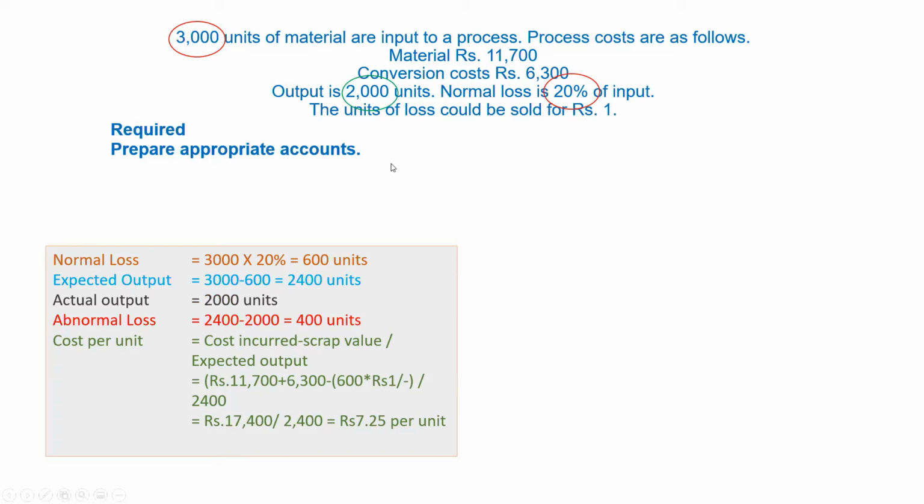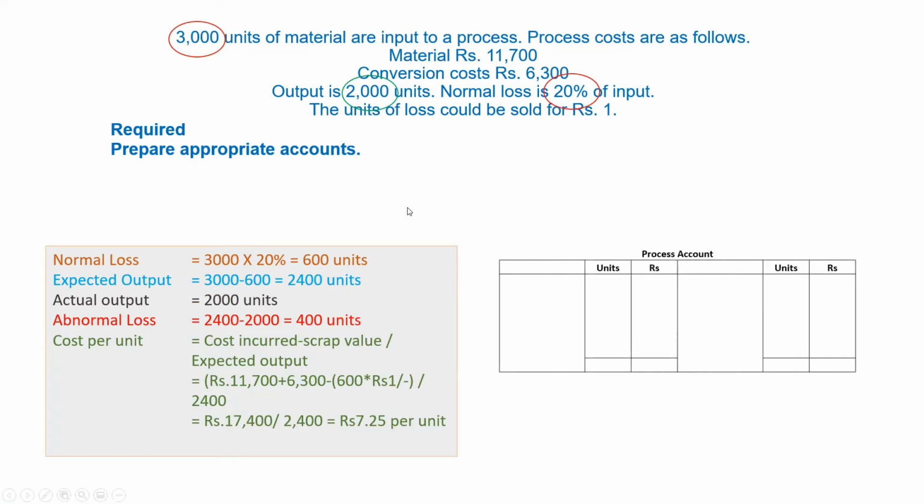Okay, so let's move on to the process account now. In the process account, first of all, we'll take the cost incurred for 3,000 units. There are two components, material and conversion cost, which together will be 18,000.